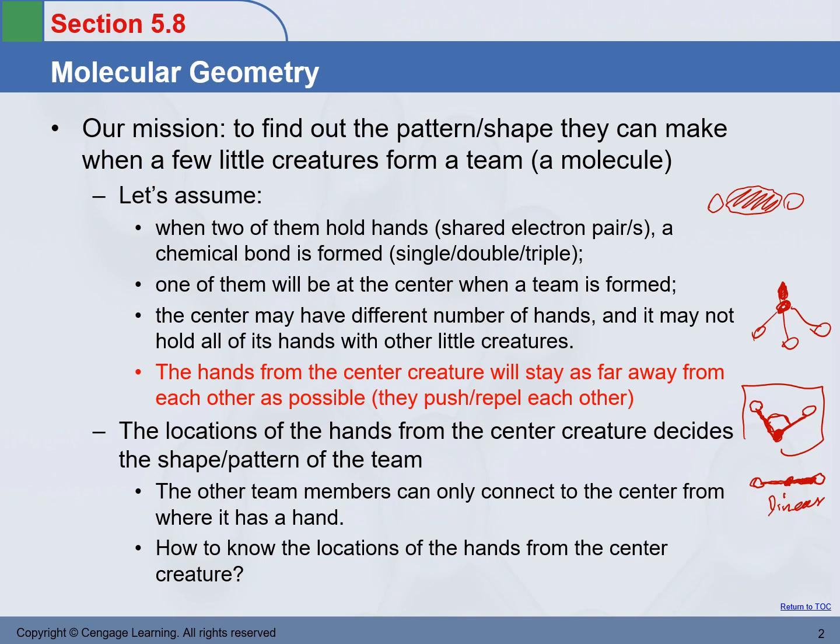Our next job is to find out the location of the hands of the little creatures. Remember, the key is that the hands from a creature will push around each other, will stay as far away from each other as possible.